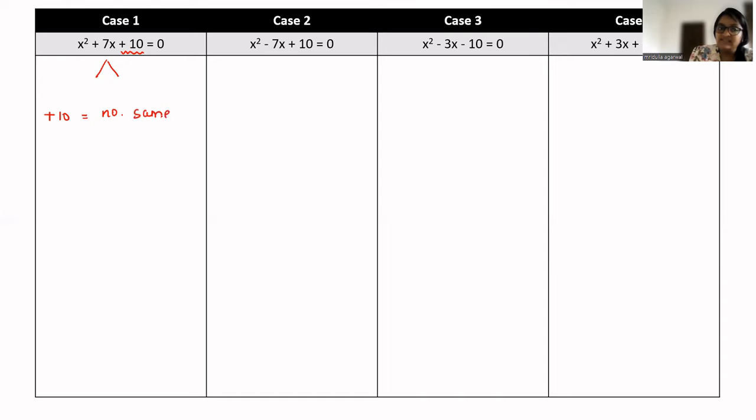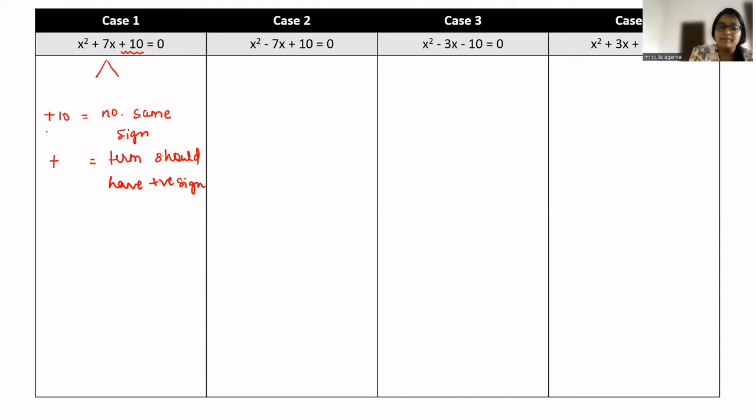The sign can be negative or positive. But as you look at the middle term, it also has plus. So that means the terms should have positive sign.